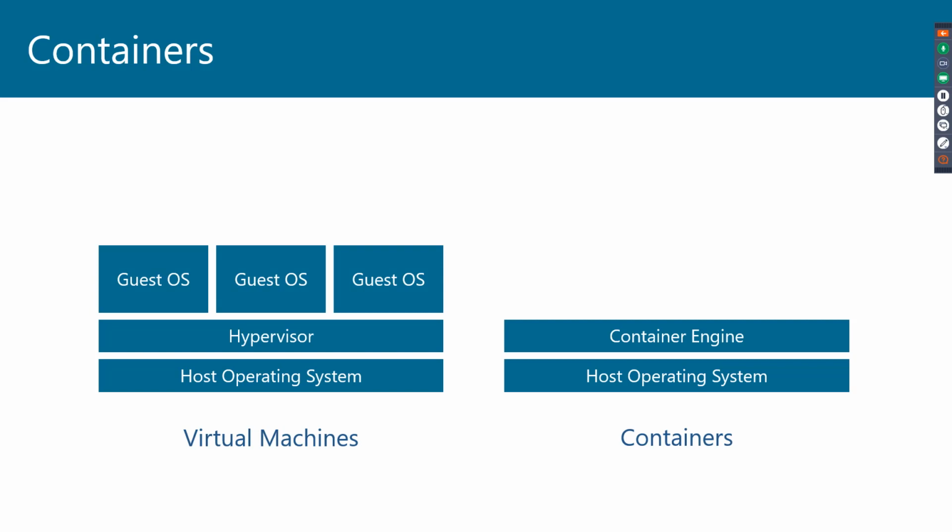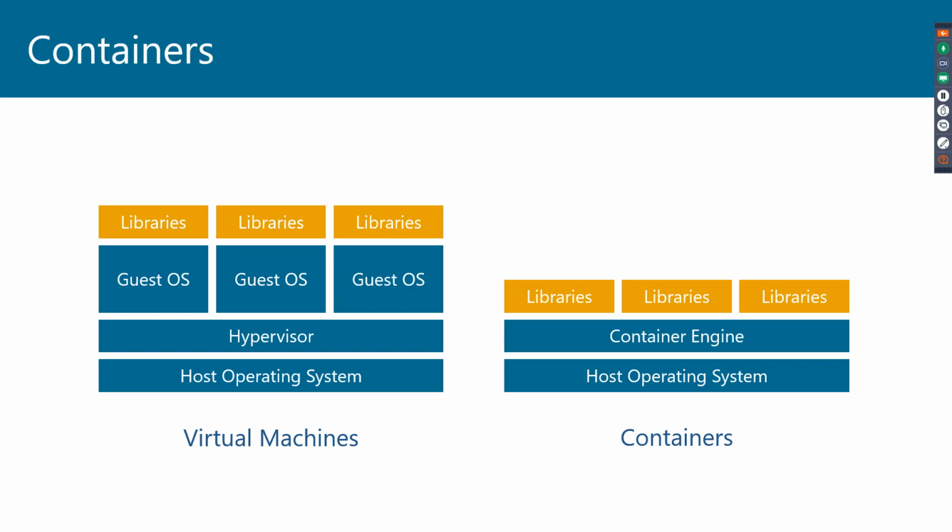Now, a virtual machine has a guest operating system that is used to run the libraries and bins and applications on top of that, while a container does not have a guest operating system. Essentially what you get with a virtual machine is a hardware abstraction layer that is exposed to the guest operating system in a way that allows it to run applications on that host as if it was running on physical hardware.